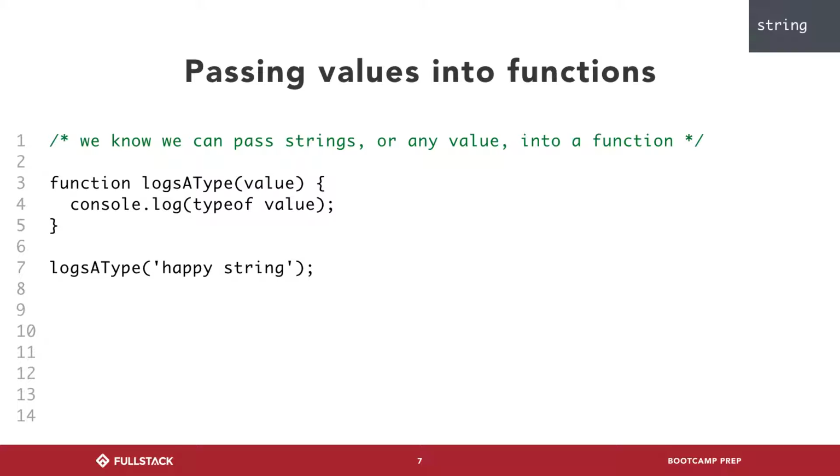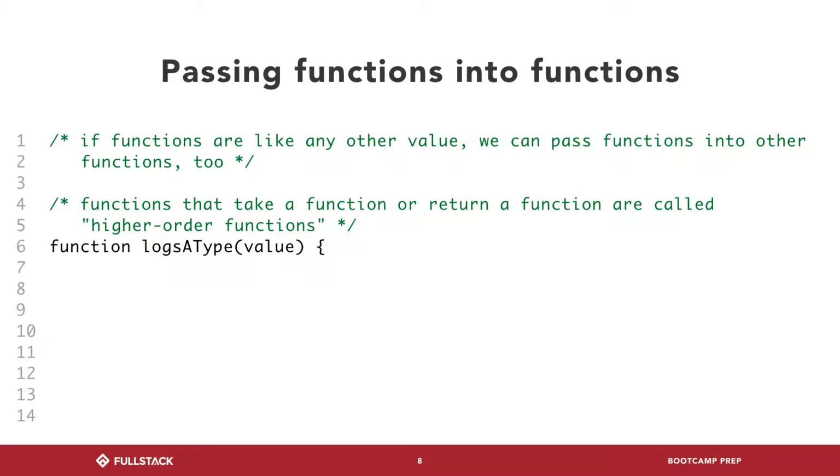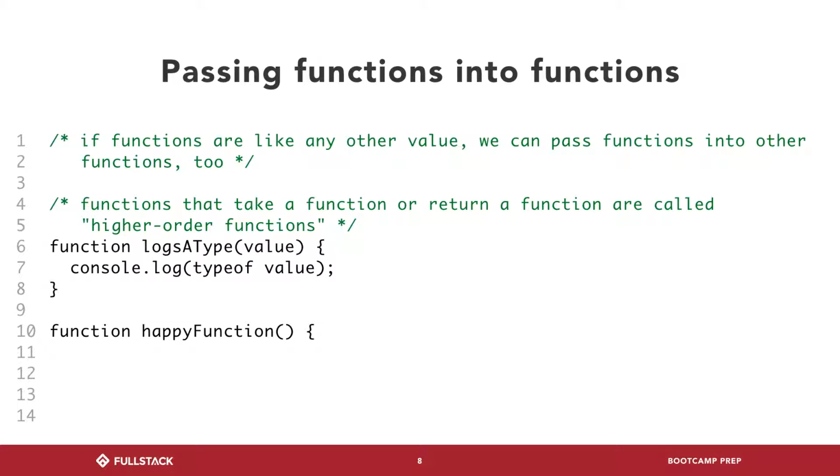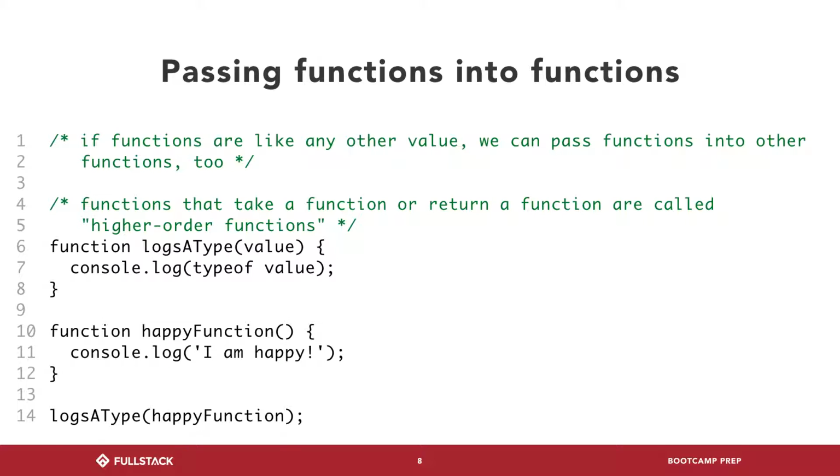You should be able to read this very quickly now, but nothing fancy there. However, if functions are just like any other data type, well, guess what? If I do logsAType, I can pass in that function as a variable into logsAType as well.